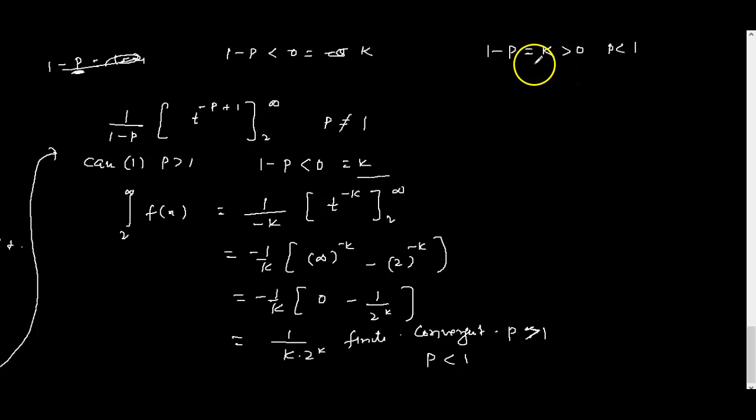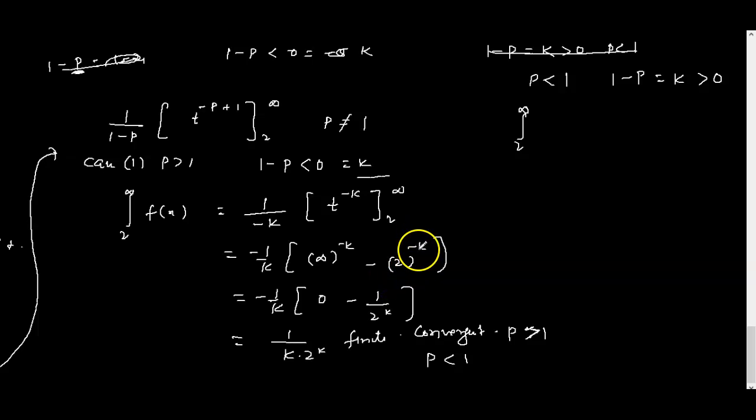So how is it positive this time? Here, in the previous case I took p greater than 1. Now I am taking the case p less than 1. Now think, 1 minus p less than 1 means 0.5. 1 minus 0.5 will be some constant positive value. So here if you take 2 to infinity, nothing will change.